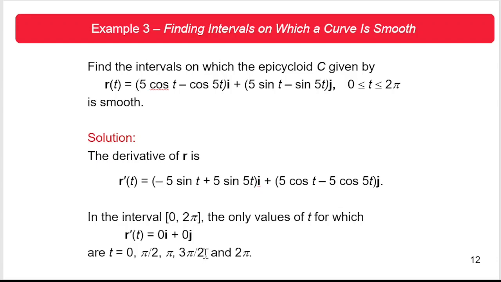3 pi over 2. So we can say here that this vector valued function is not smooth at these values of t: when t is 0, pi over 2, pi, 3 pi over 2, and 2 pi.